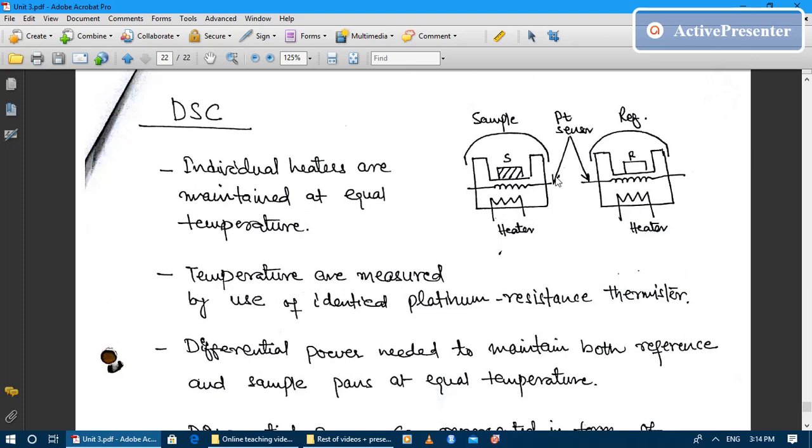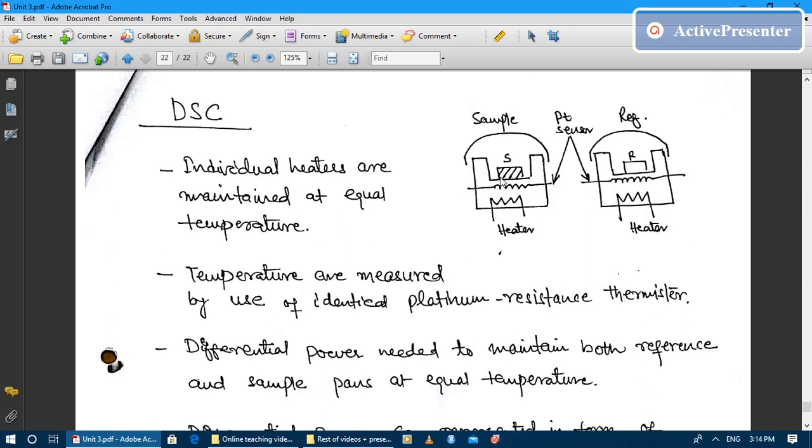So basically in DSC we measure the differential heat flow needed to keep the temperature of both pans the same. Since the sample pan contains polymer, so there is a mass, it will need more energy as compared to the empty pan. So the differential heat flow to the sample oven will be more than to the reference oven.